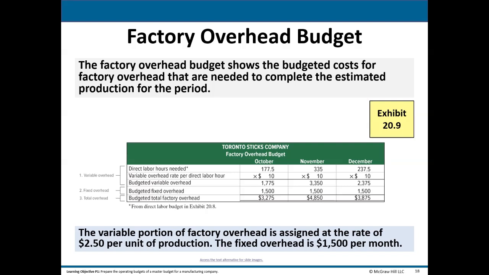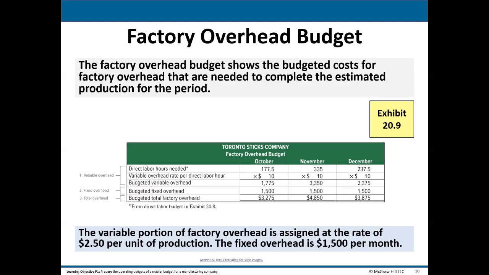Second, you compute the budgeted fixed overhead. TSC's fixed overhead consists entirely of depreciation on the manufacturing equipment. And from Exhibit 20.3 that we looked at at the beginning, this is $18,000 per year, $200,000 minus $20,000 divided by 10 years, or $1,500 per month. $18,000 over 12 months, that's how you get the $1,500.